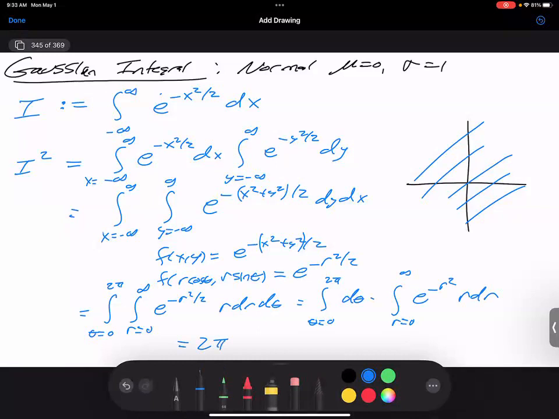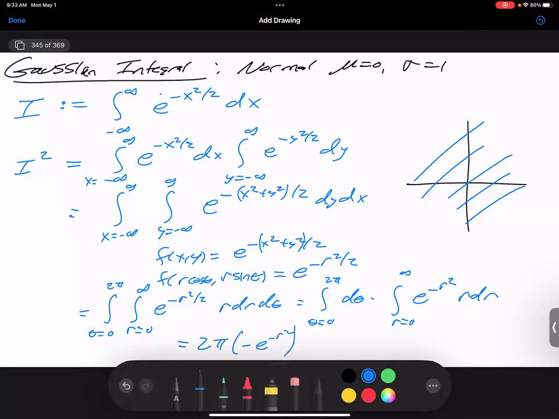What function has derivative e to the negative r squared over 2 times r? Almost, you are extremely close. It's a negative.